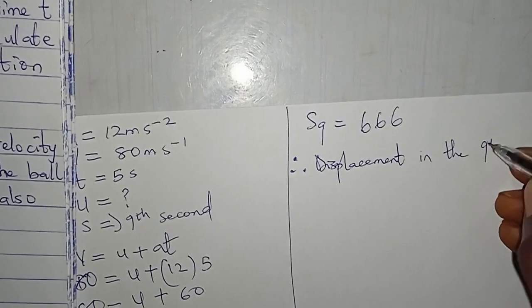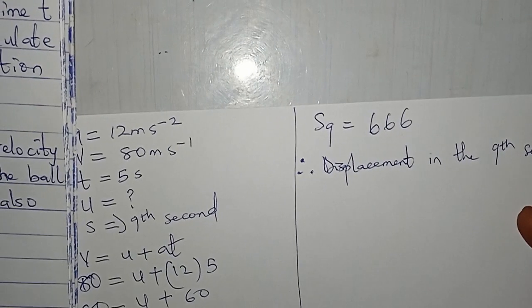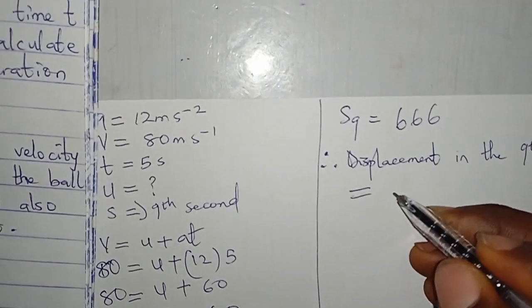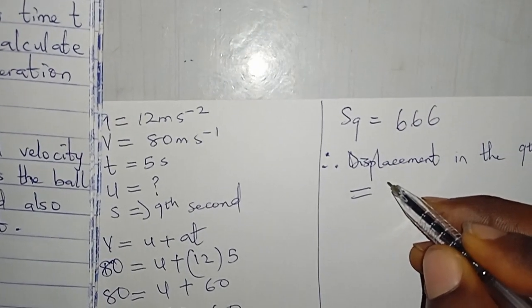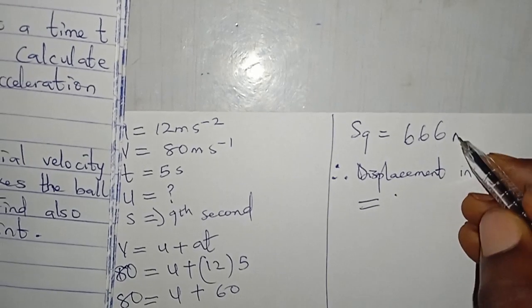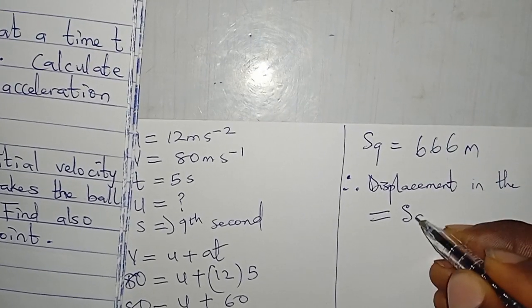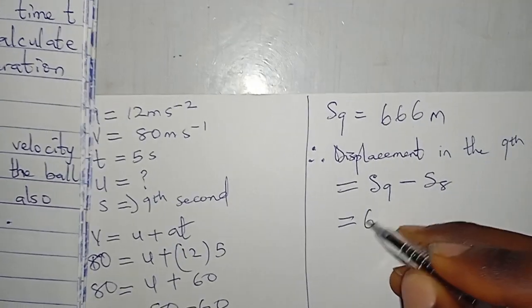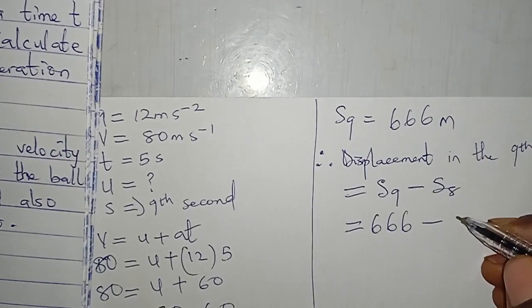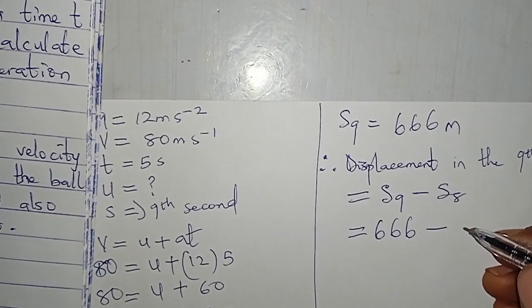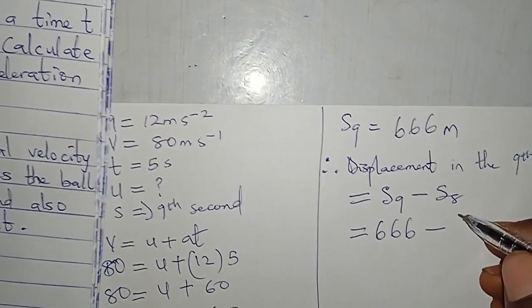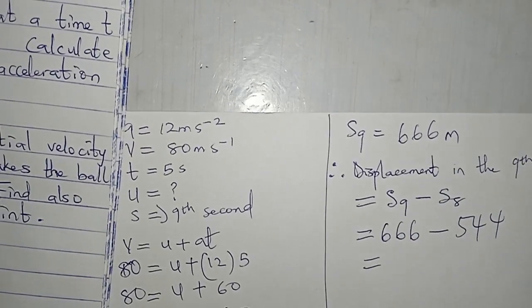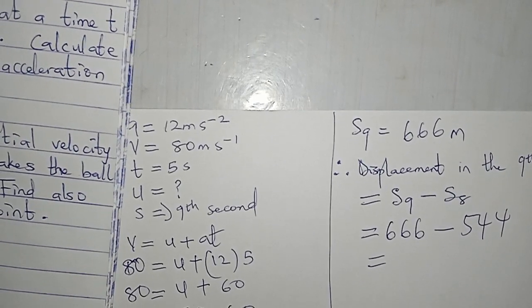The 9th second is equal to that of S9 minus S8, which is 666 minus 544. 666 minus 544.